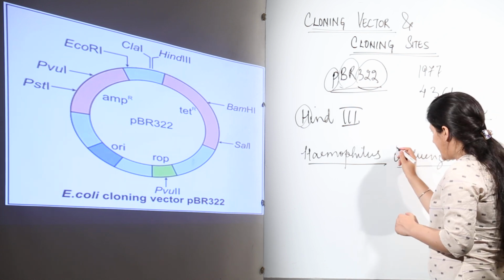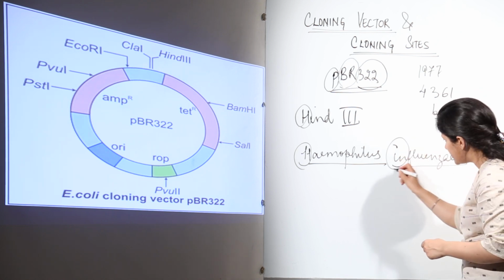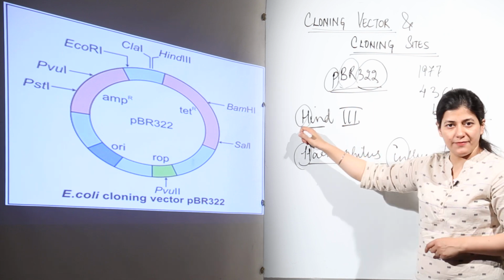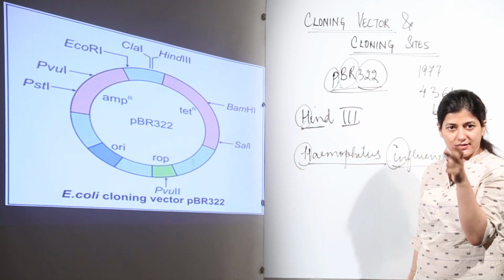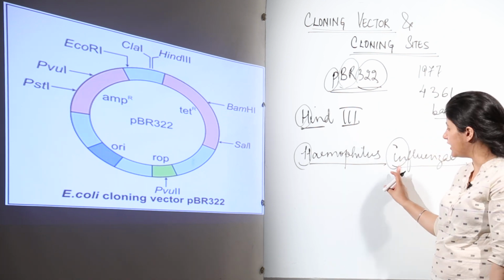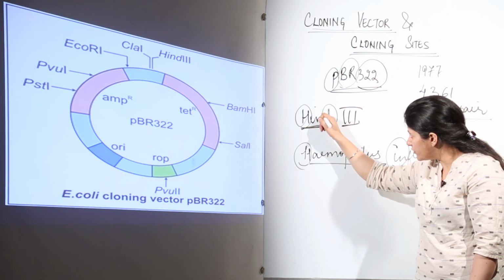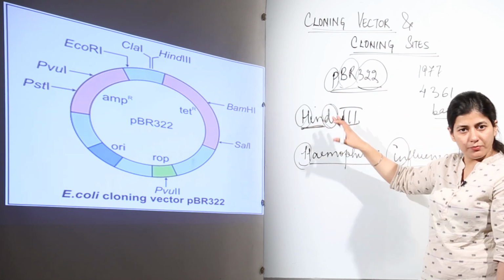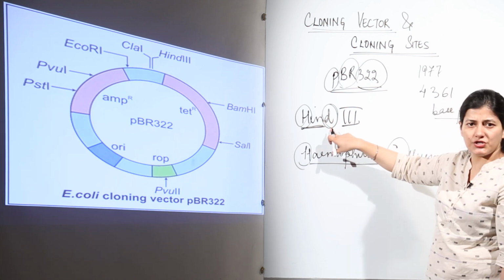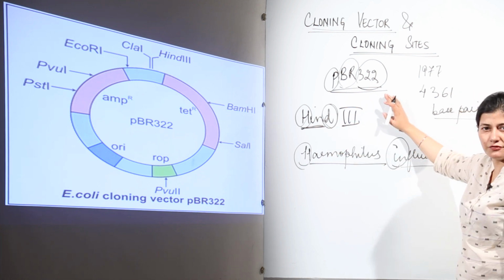Okay. Now we take H from here and the first two letters from the specific epithet, IN. You get HIN over here. Haemophilus influenzae gave us this endonuclease. So you take up H, you take up IN from the specific name, you put it HIN. Then what kind of strain it is is given a designation as the fourth letter. So if it is a D strain, it depends on different physiological aspects of the cell.